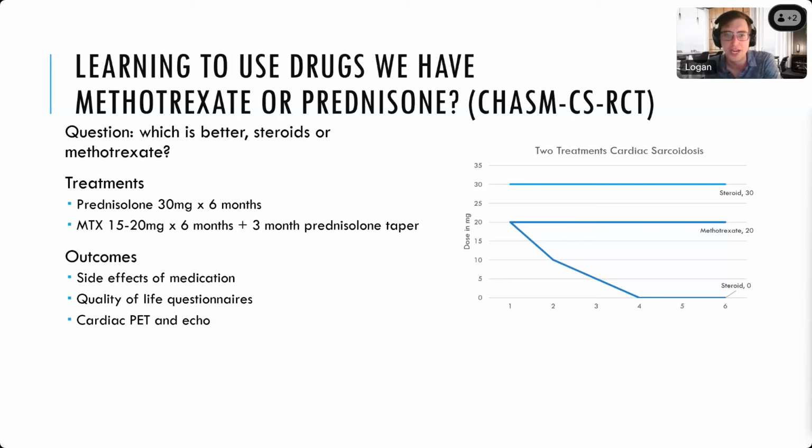I am very excited about this trial, not just for what we're going to learn about treating cardiac sarcoidosis, but I think this is going to give us some really good information comparing what side effects patients get with long-term high-dose prednisone compared to patients who are able to be weaned off by using a second drug.